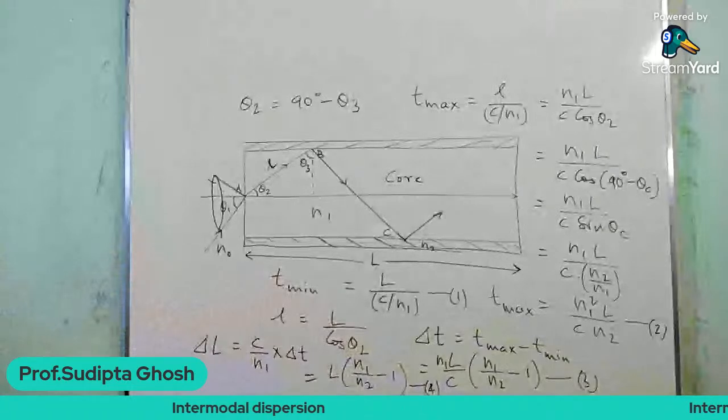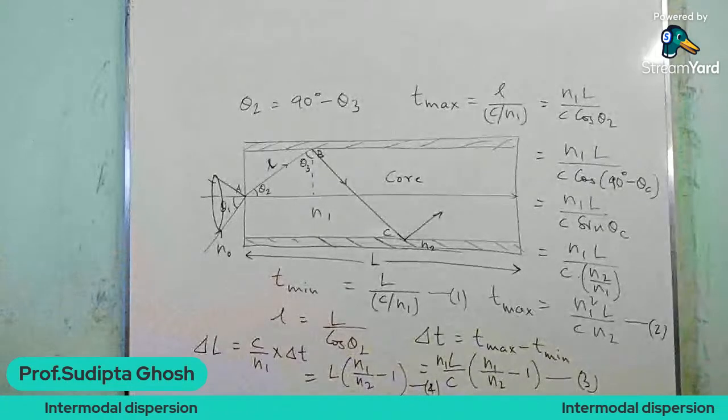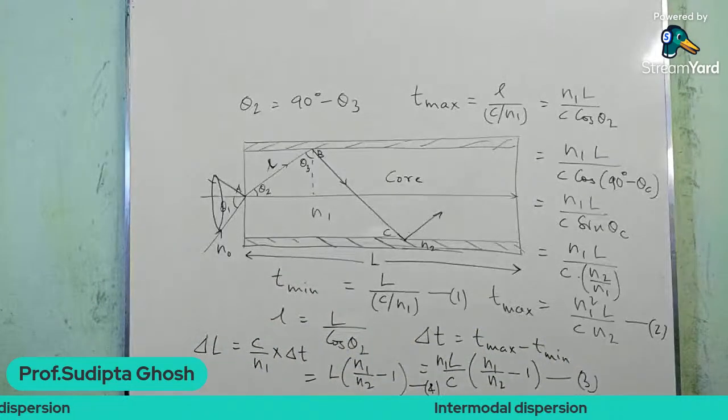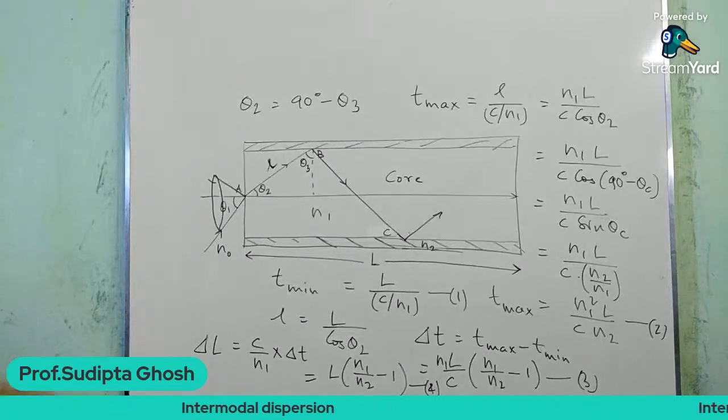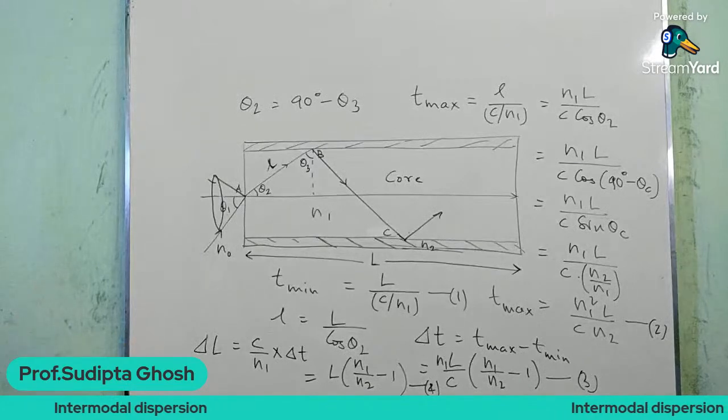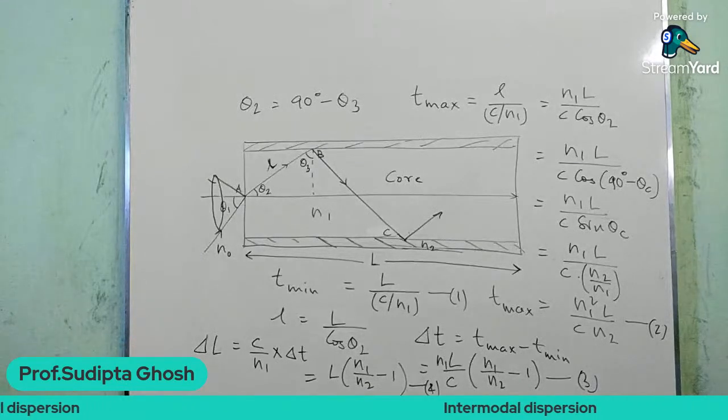Every time this intermodal dispersion appears and the pulses spread, there is a chance of overlapping of successive pulses.